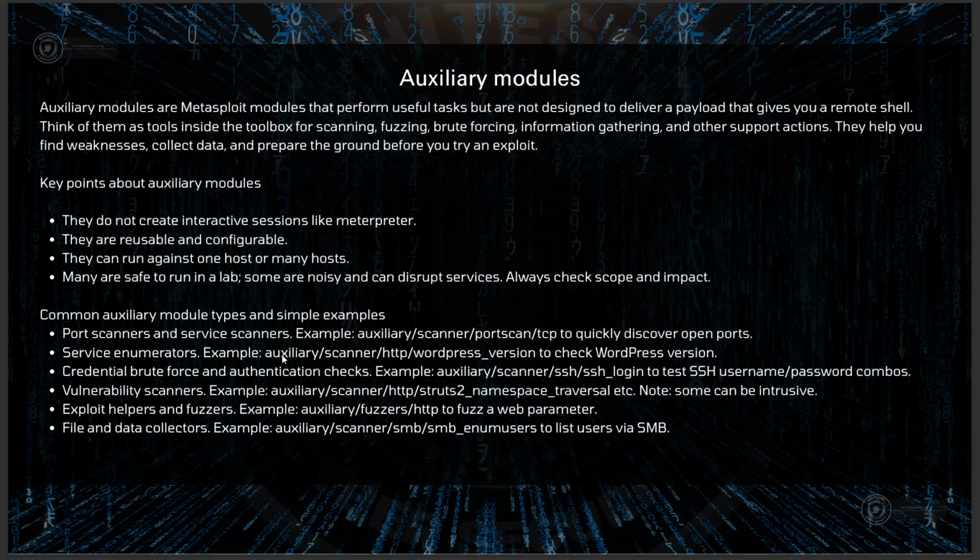See, service enumeration. You can also perform service enumeration using these auxiliary modules. You can also perform credential brute force and authentication checks as well. Here we just mention it. And vulnerability scanning, for example, you can scan for vulnerabilities as well. And exploit, sorry guys, exploit helpers and fuzzers.